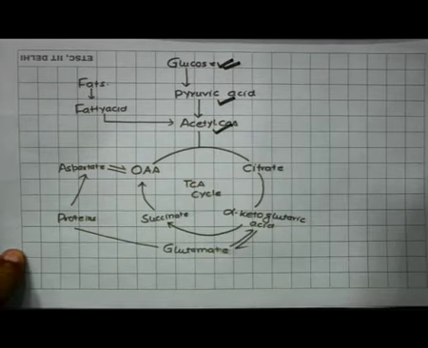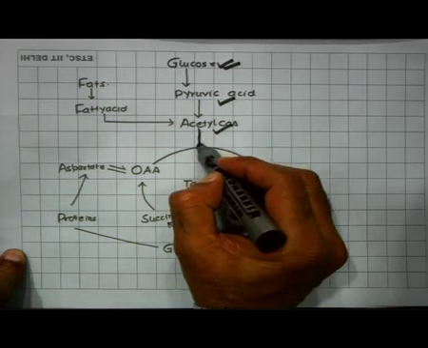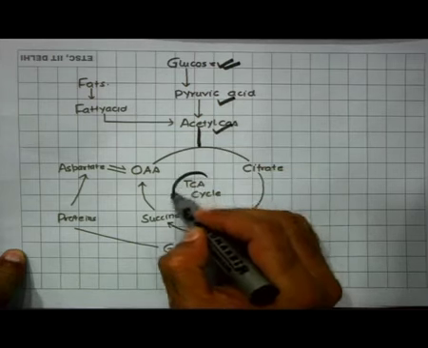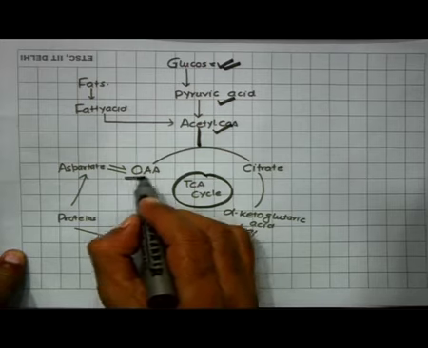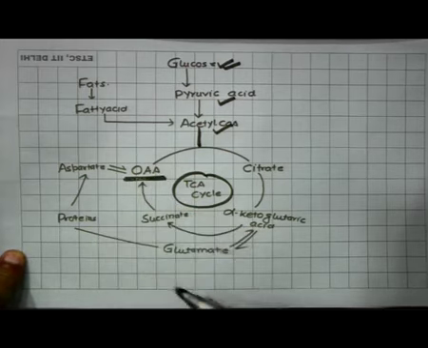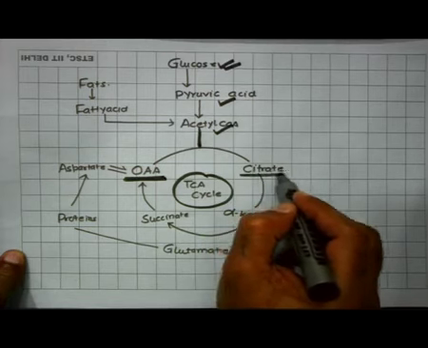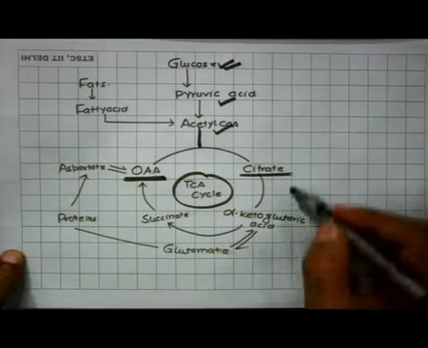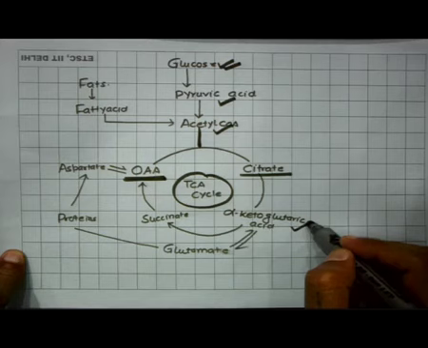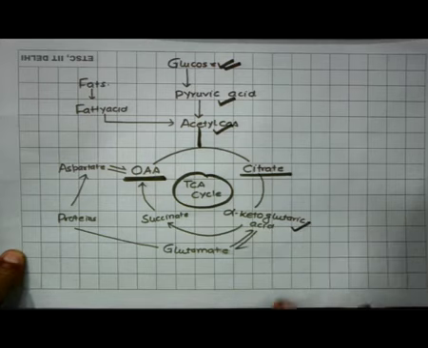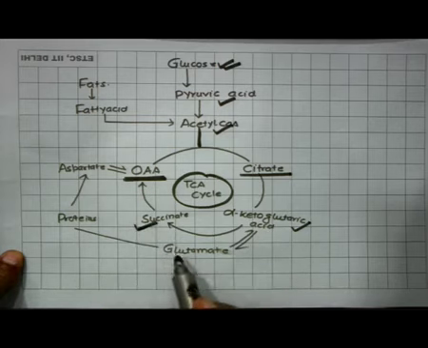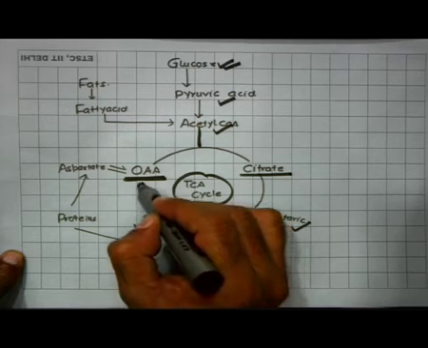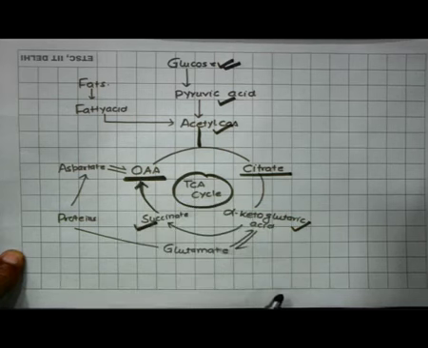Now, this acetyl coenzyme enters the tricarboxylic acid cycle, that is the Krebs cycle, where it is accepted by oxaloacetic acid and converted into citrate. This citrate is again converted into alpha ketoglutaric acid, which we have already discussed in detail. Now, this alpha ketoglutaric acid forms succinate and this succinate returns back to oxaloacetic acid.